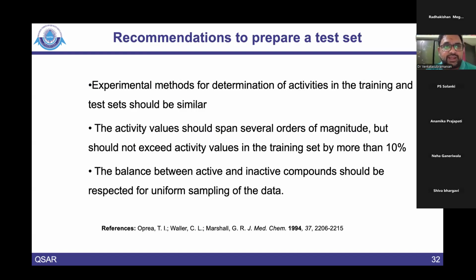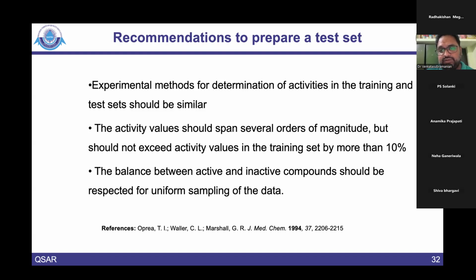There should be active and inactive compounds, because if all the 10% data are all active compounds or all moderately active, then the accuracy cannot be predicted.